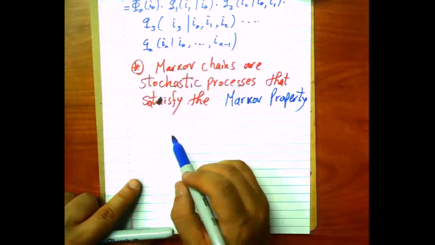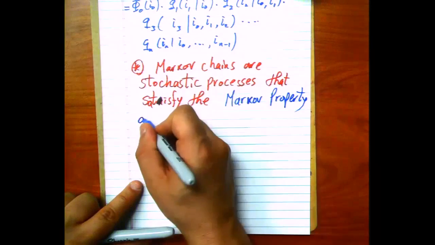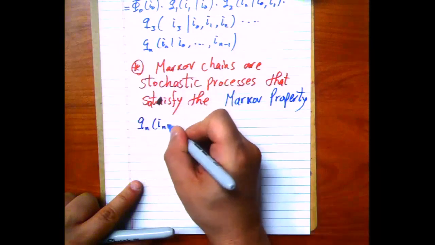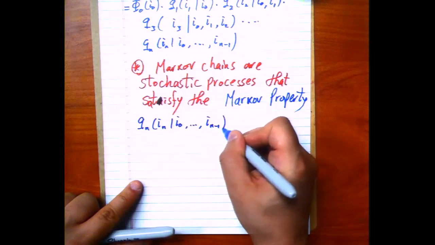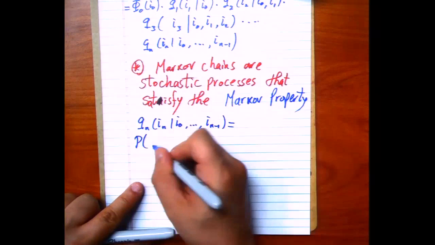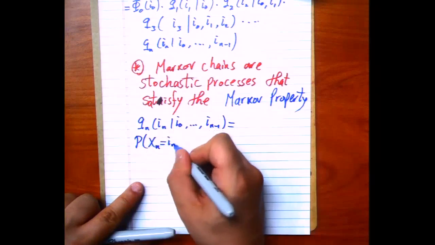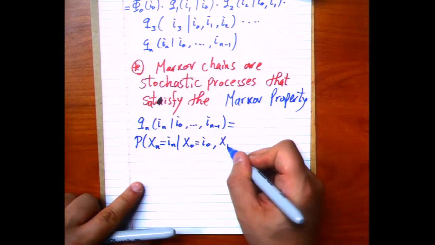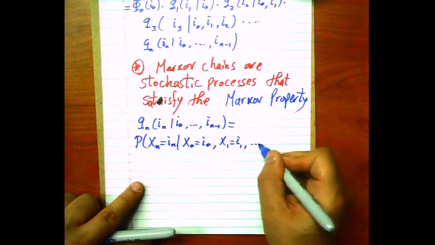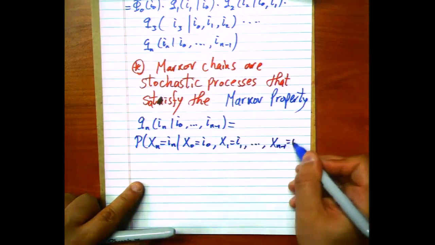It says the following: Qn of In given I0 all the way up to In minus 1, which is nothing but the probability that Xn is in a state In given it went through I0, I1, up to In minus 1.